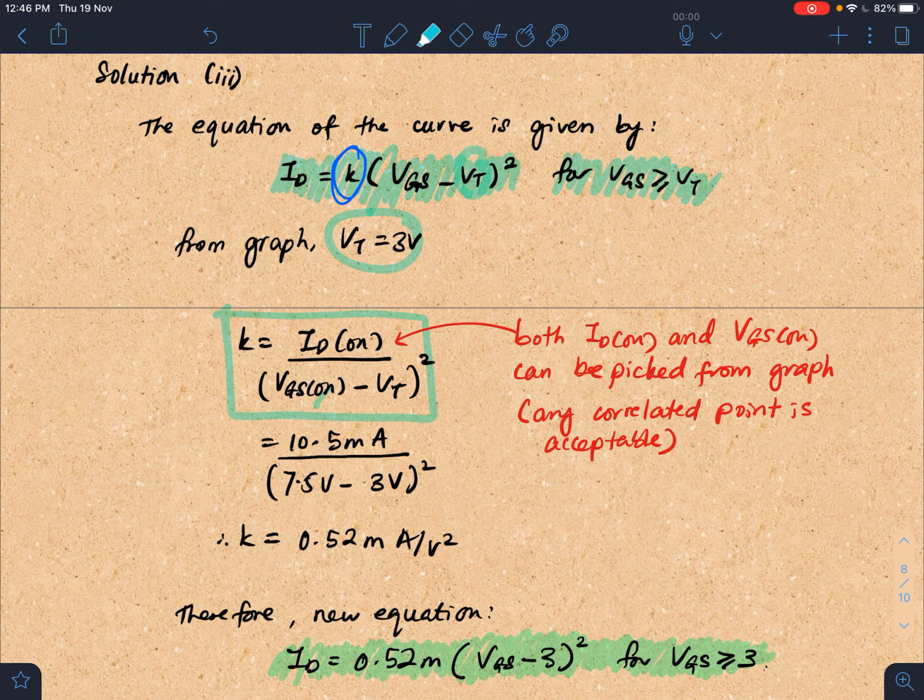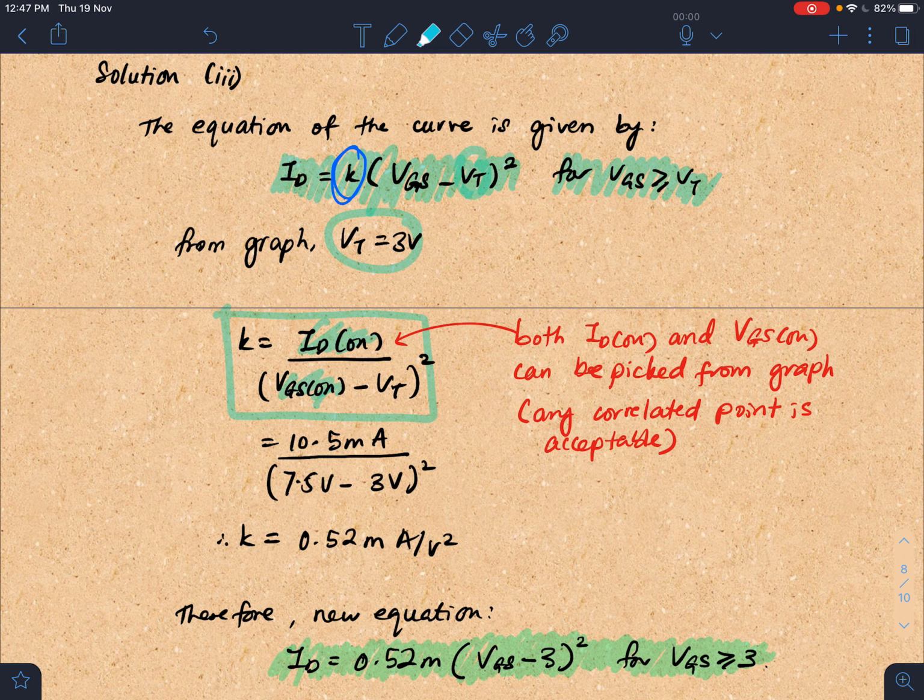How do we find the values for ID on and VGS on? They can be obtained by picking any correlated point from the graph.